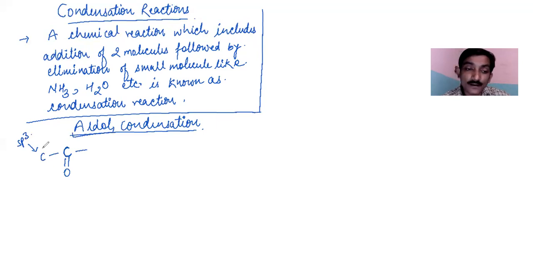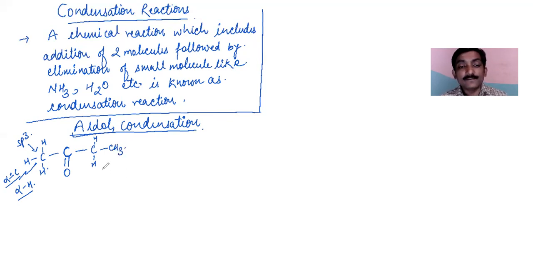Then the hydrogens of this carbon are known as alpha hydrogen, and this carbon is known as alpha carbon. We may have carbon atoms bonded to this carbonyl carbon on either side, so we may have different number of alpha hydrogens, but the presence of alpha hydrogen is a must.